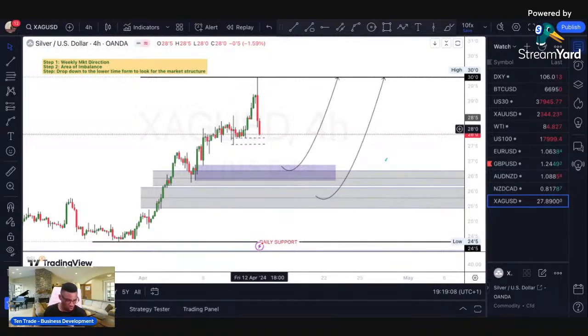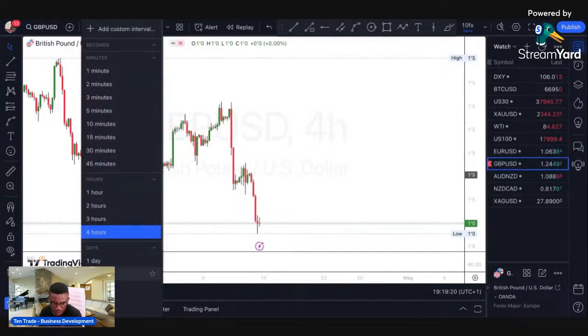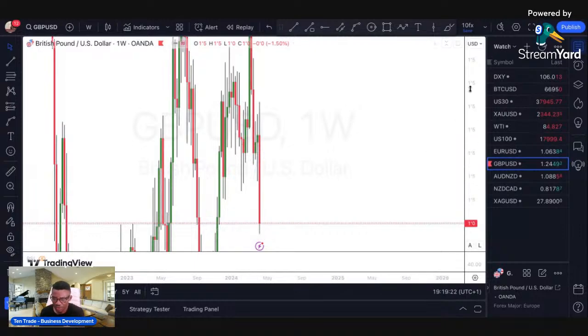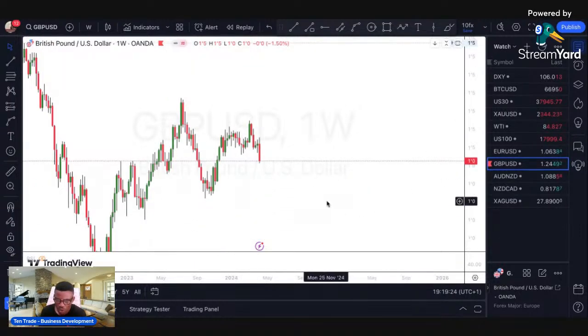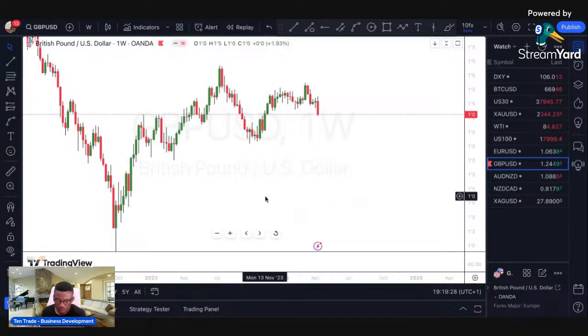So I'm going to quickly go to another asset, which is the GBPUSD. Here we are on the weekly time frame now. Keeping it simple, what do we see? The most recent move in the weekly time frame started from here.